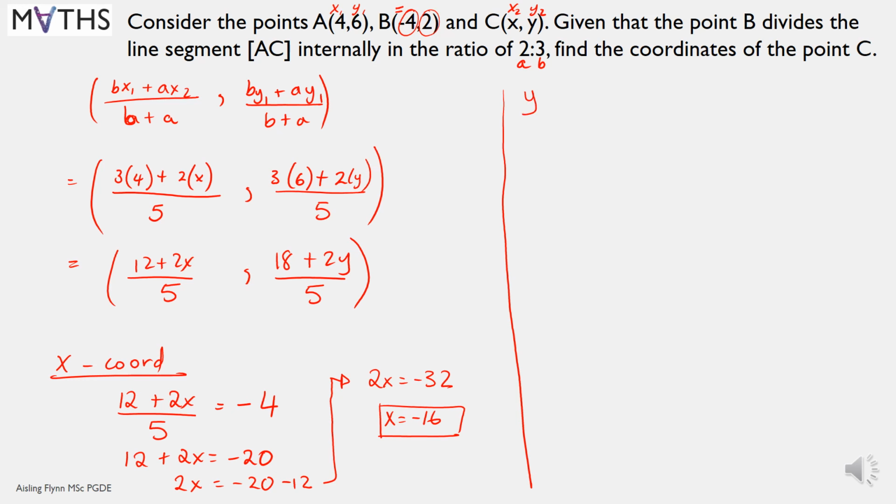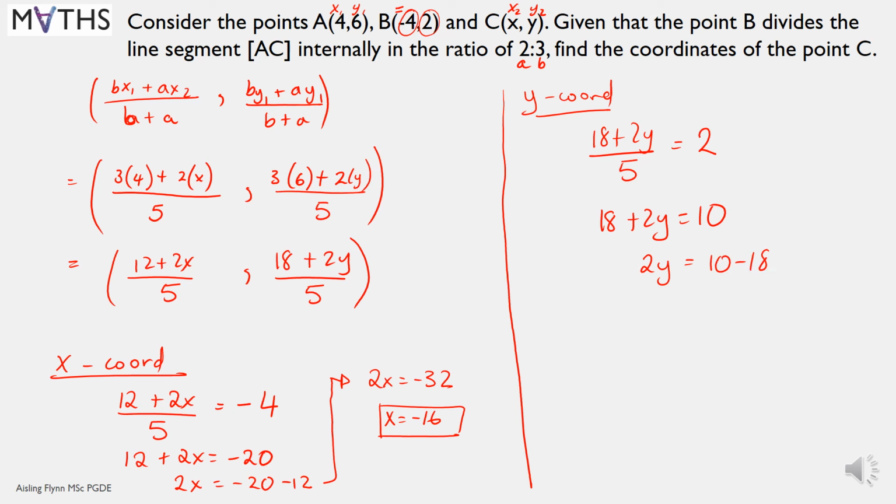And now I'm going to look at the y coordinate. So 18 plus 2y over 5 should give the answer from point B of 2. Multiply both sides by 5 and you get 18 plus 2y equals 10. Take 18 from both sides, 2y equals 10 minus 18, so 2y equals -8.